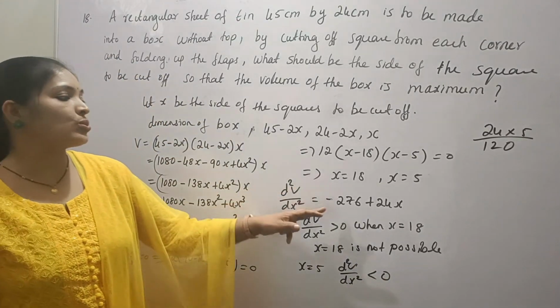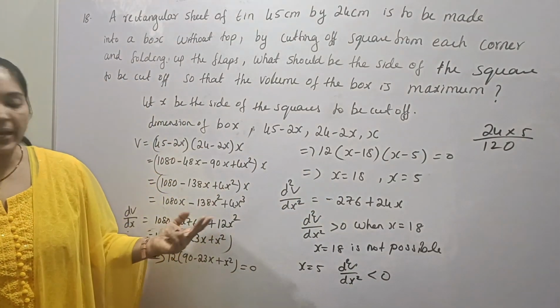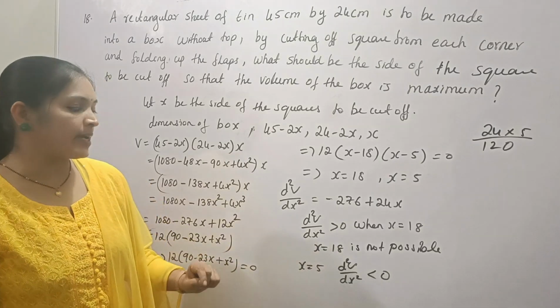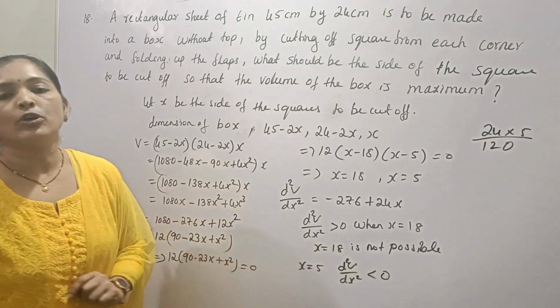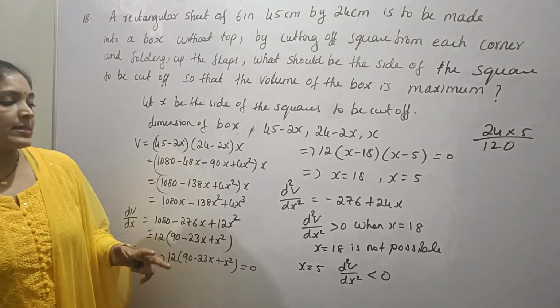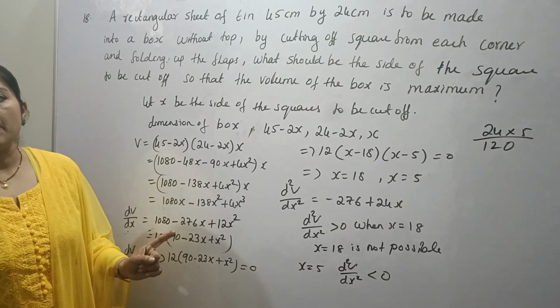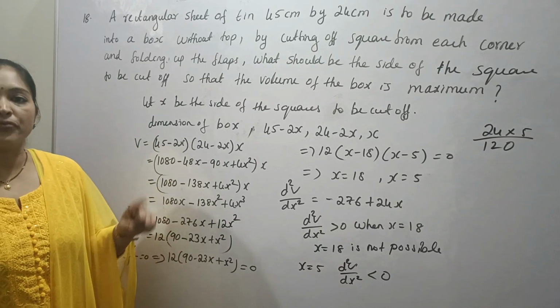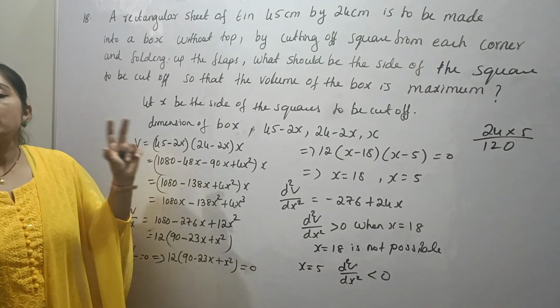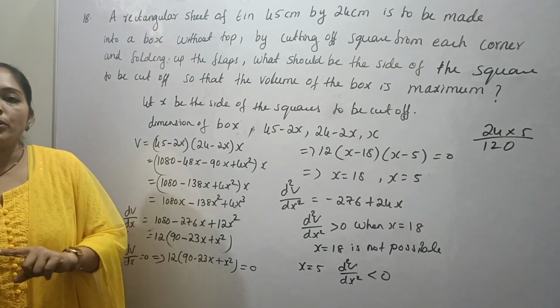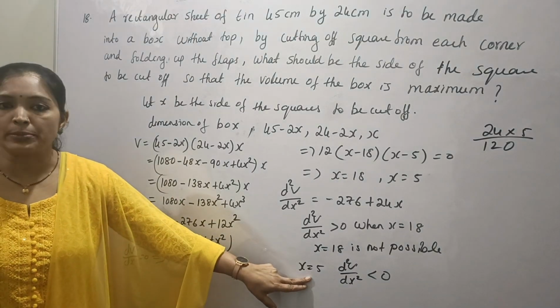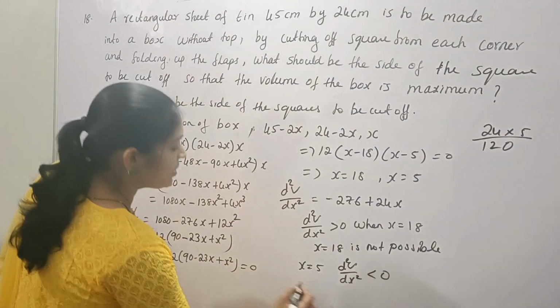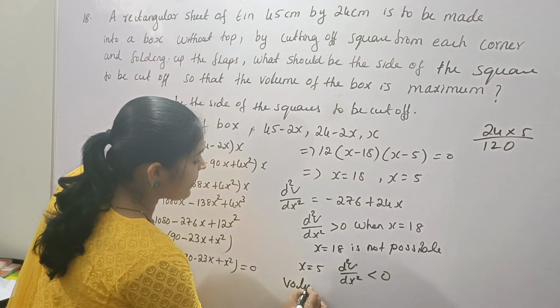That is minus 276 plus 120, that will be minus. So d square v by dx square is less than 0 when x is equal to 5. So here we can say volume is maximum when x is equal to 5. That is, side of the squares to be cut off is equal to how much? 5 centimeter.